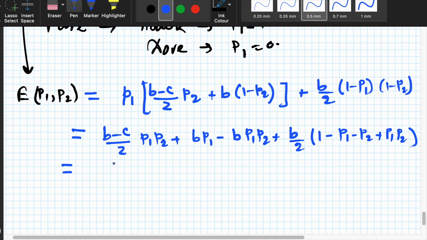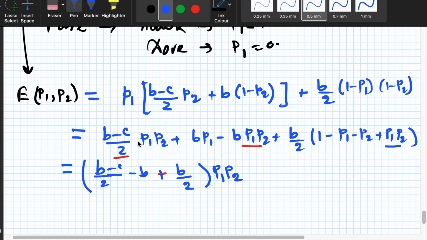If we take common p1 p2, then you will find (b minus c)/2 minus b, I am taking these terms, plus this term b/2 p1 p2.